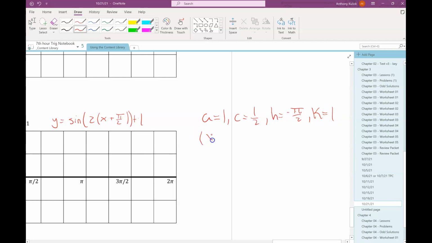And so just like on the homework quiz, I'll have a place for you to fill in your transformation map. So it's cx plus h, and then ay plus k. And then I'll have the key points for you listed already.